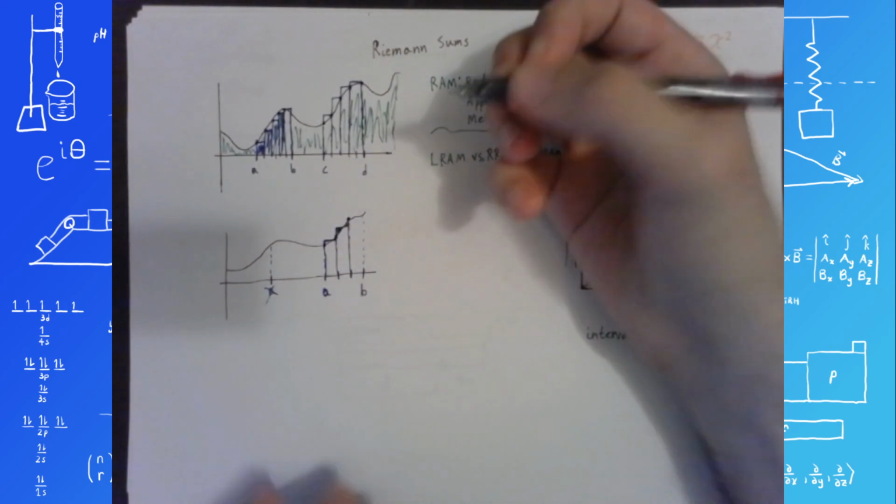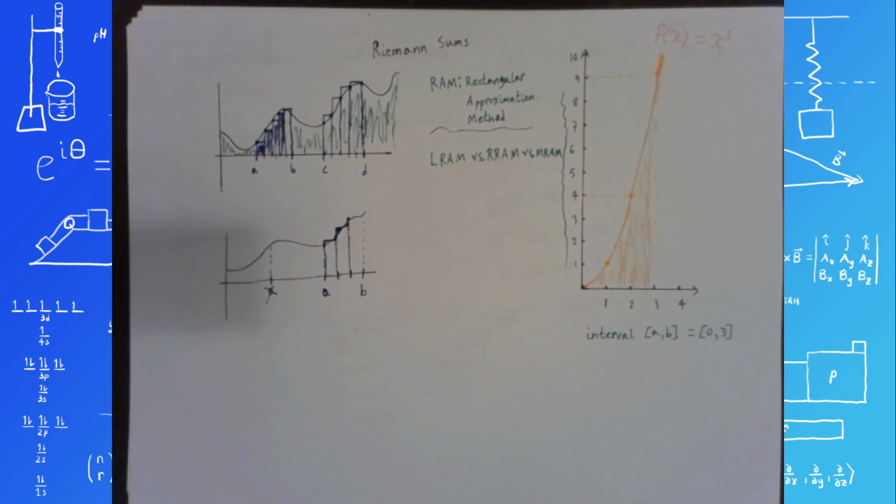And these areas are by no means equal, but it's better than having just a blatant overestimate with no underestimates mixed in. It gets you a little bit closer to an accurate approximation if you have some underestimate mixed with some overestimate.